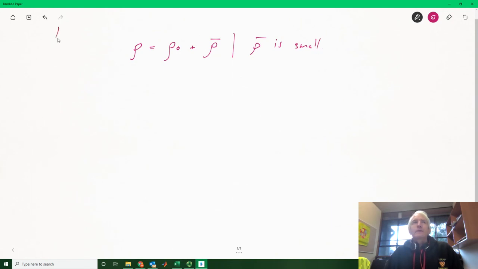So we're going to linearize, this is a linearized problem. I don't know whether linearized has a Z or an S. Okay, that's debatable.